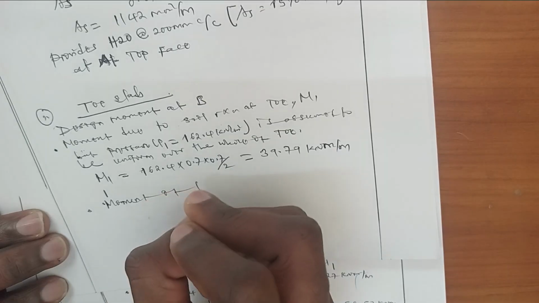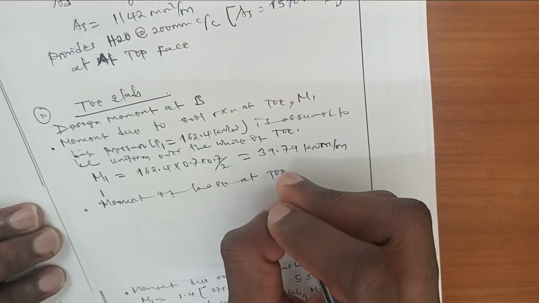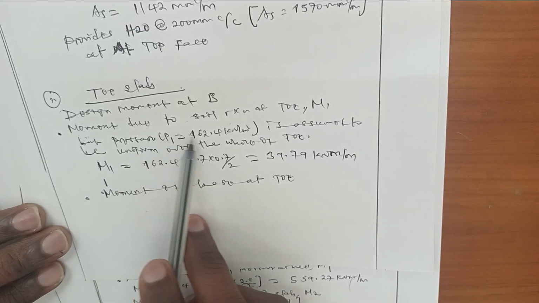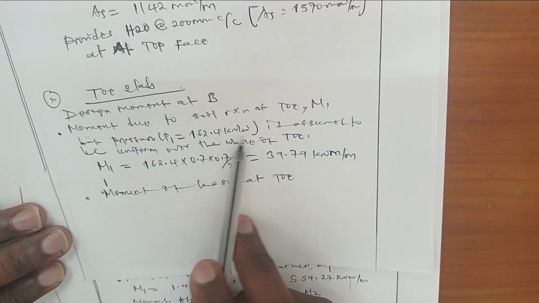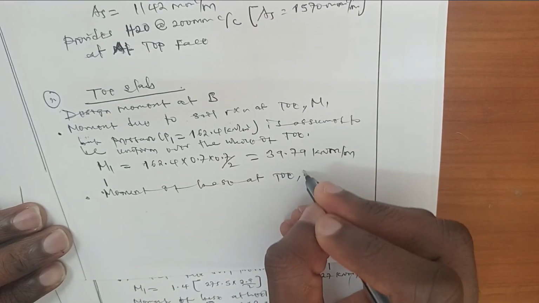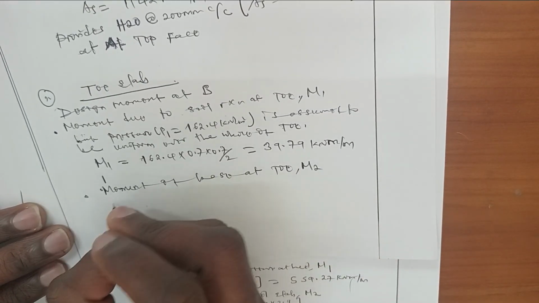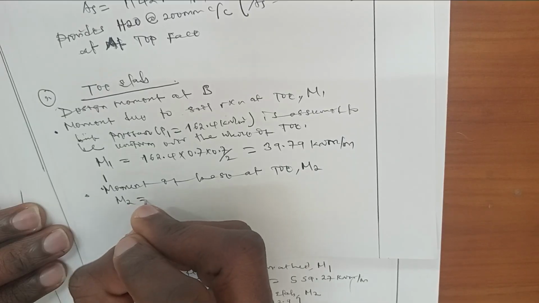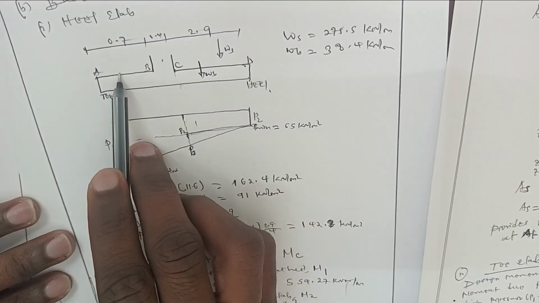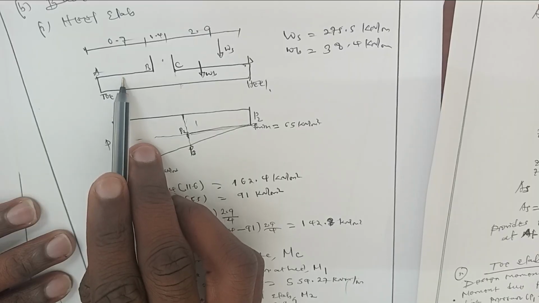The next is to determine the moment of the base at the toe. During the design of the toe slab there are only two moments: the moment due to the upward soil reaction at the toe, and the moment of the base at the toe. Let's call this moment 2. It is obtained from the weight of the base, 38.4, times its perpendicular distance.